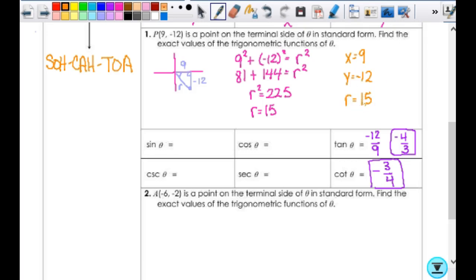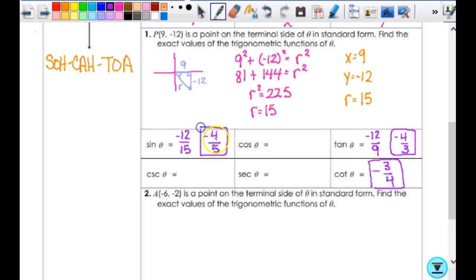Okay? So now I can find the rest of these because sine is opposite over hypotenuse, or y over r. So my y is a negative 12 over r, which is 15. Can divide those both by 3. So that's going to give me negative 4/5.